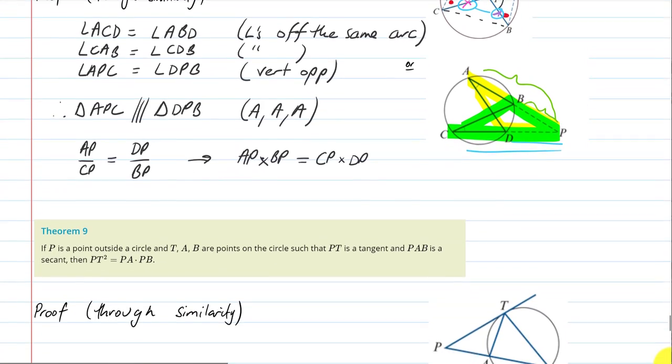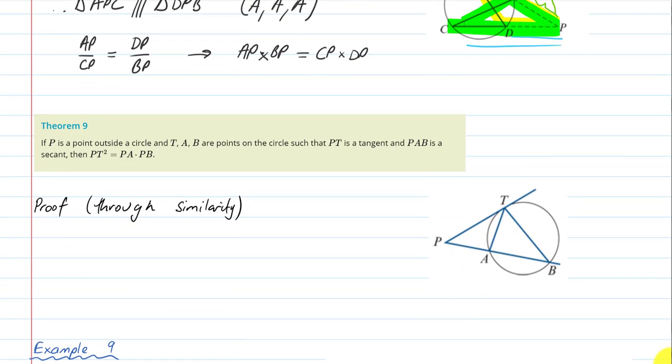Theorem 9, on the other hand, is if point P is a point outside a circle and T, A and B are points on the circle such that PT is a tangent and PAB is a secant, then PT squared equals PA times PB.